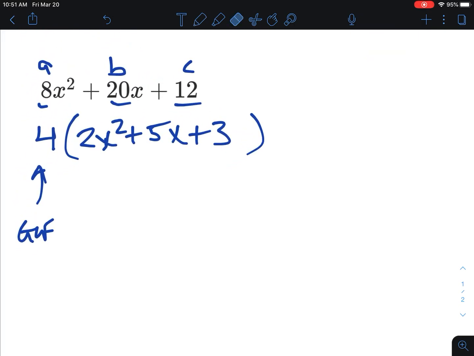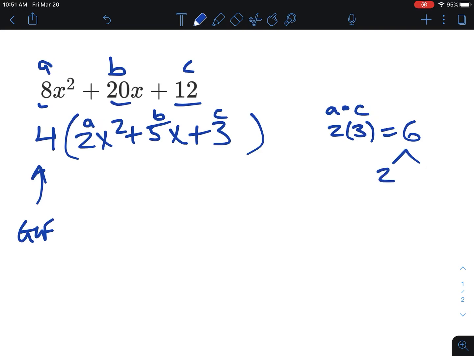I'm going to zoom in here. Okay, so now what we're going to do is kind of ignore that 4 for now, because really it's not going to help us factor the rest of this. We're going to factor the inside part as if it was its own problem. So this is the new a, b, and c. So then a times c would be 2 times 3, which is 6. So we've got to find two factors of 6 that add up to 5.